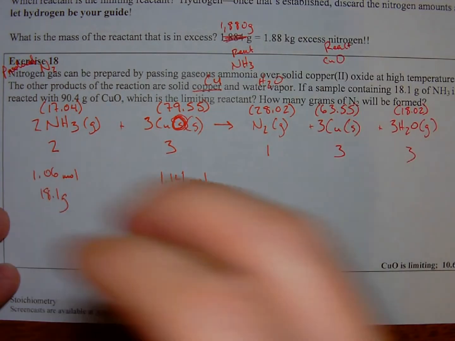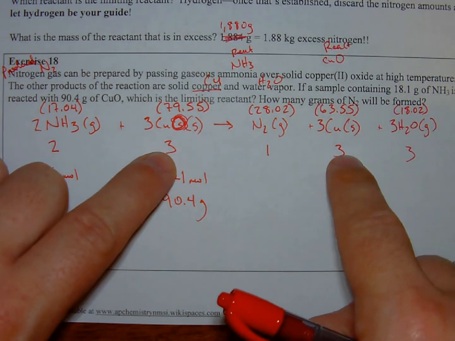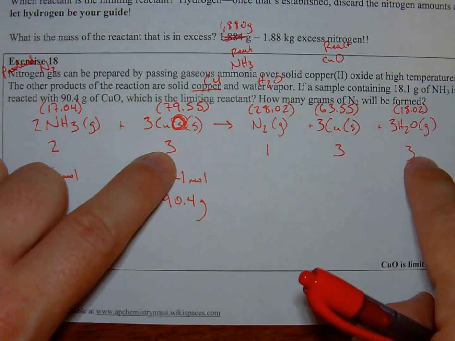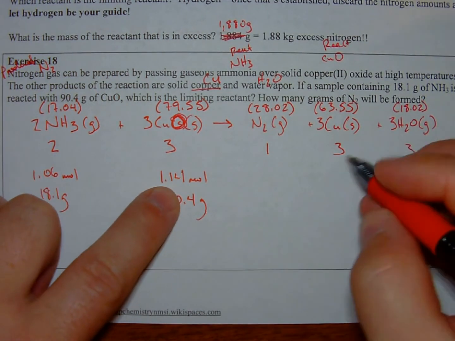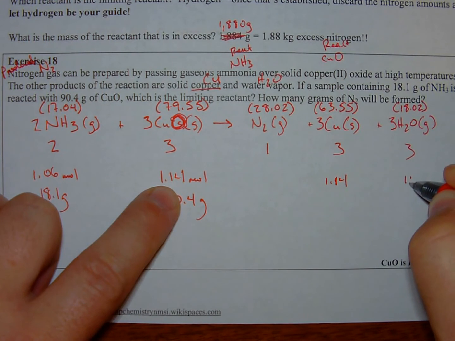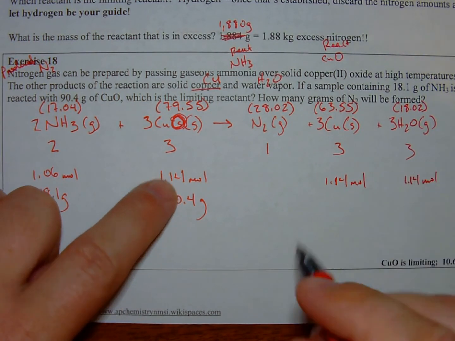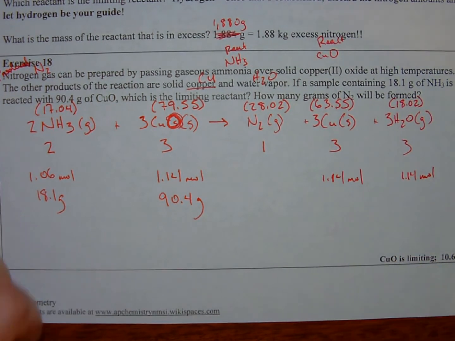Now, here's the nice thing about the table. Notice how there's 3 copper(II) oxides for every 3 coppers and every 3 waters. It's 3 to 3, 3 to 3. And so this mole value is going to be the same here and here, if I can write it. Right, because they have the same mole ratio, so 1.14 moles.